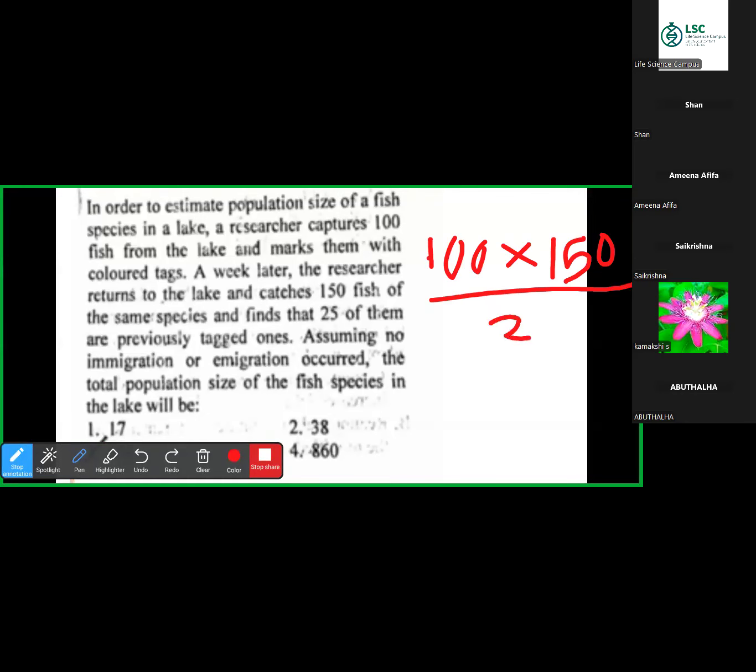So number of recapture is 25. Assuming no immigration or emigration occur, the total population size of the fish species in the lake will be 100 into 150 by 25. It is 600. So option 3.